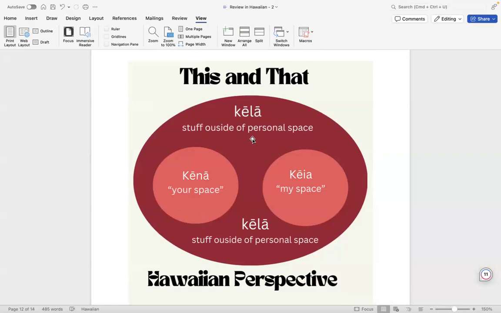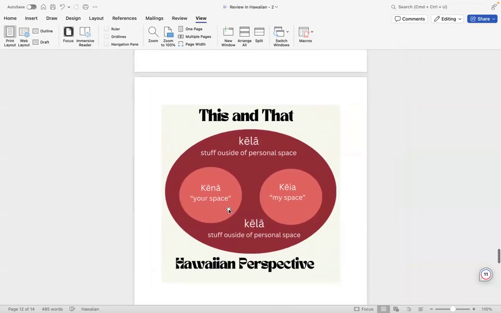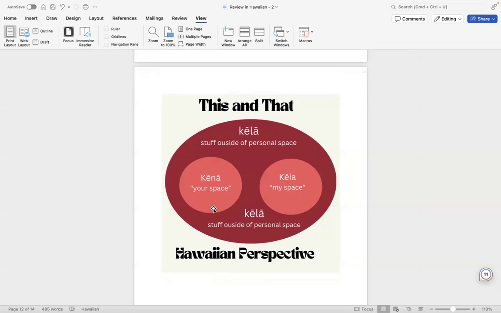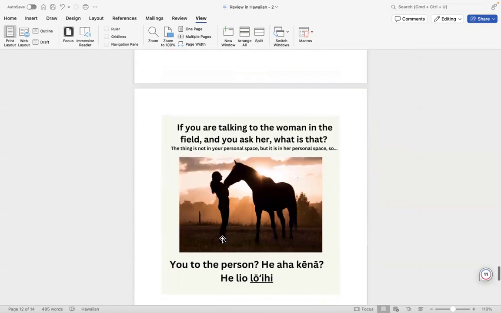it's my flower garden. Now, kēna is if it's in someone else's space, not your own, that is a part of the conversation. I think I made some examples, so I'm not going to try to explain it. Here we go.